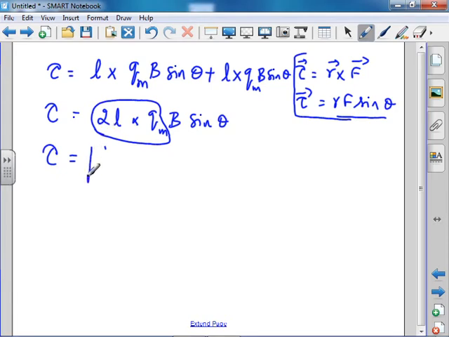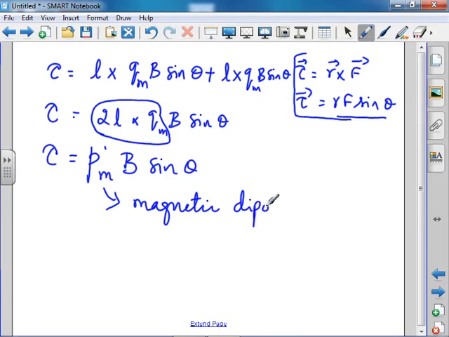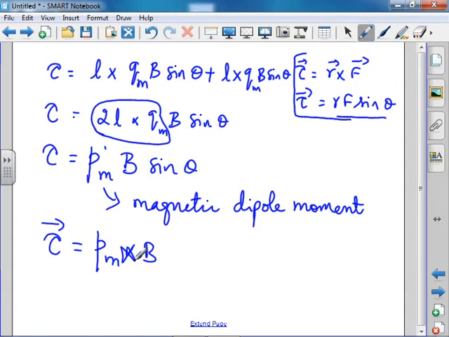It is nothing but PM, the magnetic dipole moment. So in scalar notation we have written like this. In vector notation, how will you write? Tau vector is equal to PM cross B.